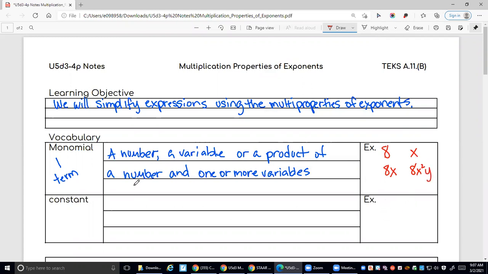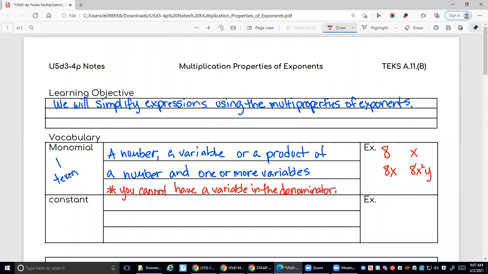What you can't have is, and I'm going to write this here, you cannot have a variable in the denominator. And we kind of touched on that last time, right?